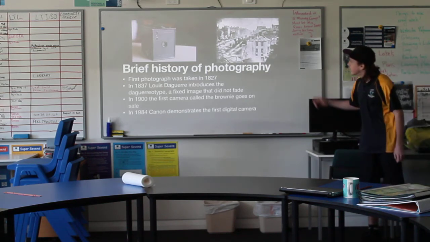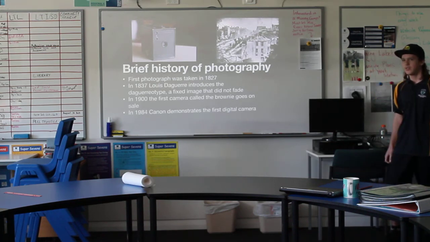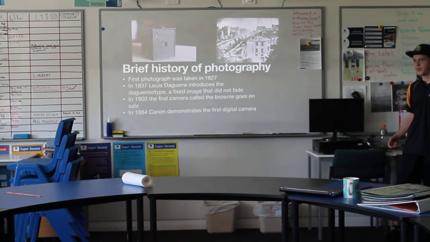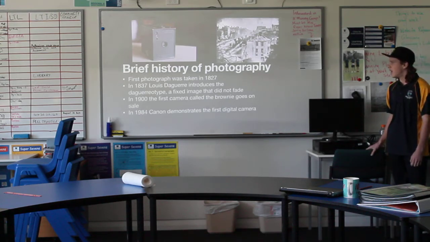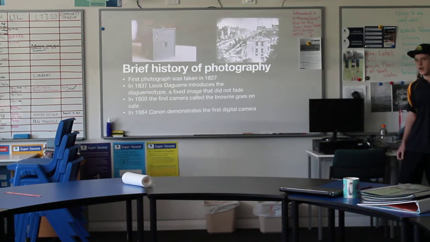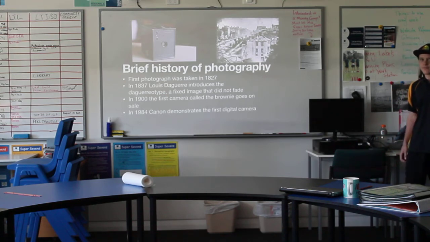In that photo, you can see it kind of fades in the background. In 1900, the first proper camera went on sale. It was called the Brownie. And in 1984, Canon, I'm sure you're all aware of that company, they make cameras and stuff like that, they made the first official digital camera.